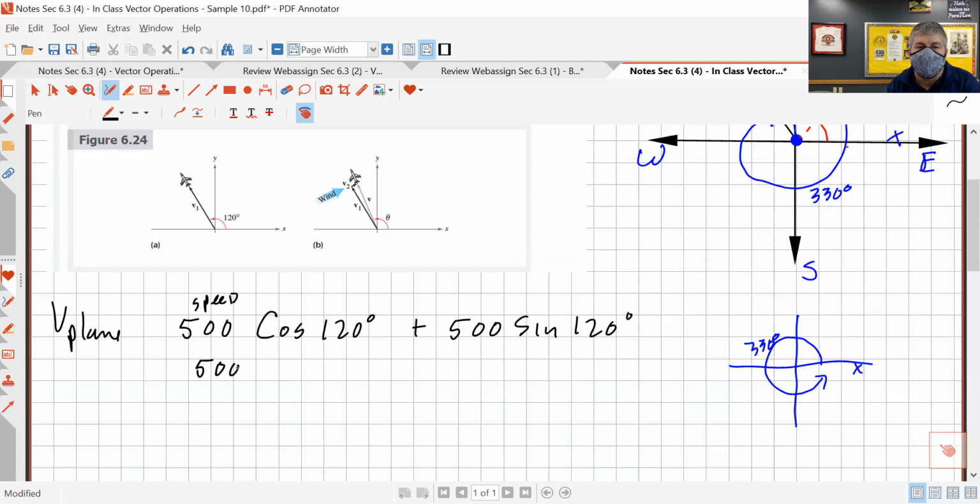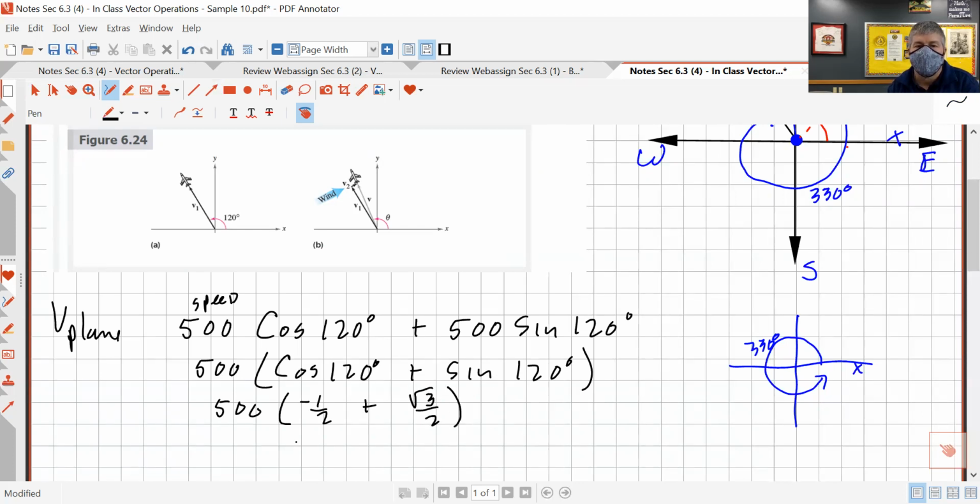Well, let's take out the 500. The 120 from the unit circle: the cosine of 120 is negative 1/2, and the sine of 120 is square root of 3 over 2. So the vector of our plane is negative 250 comma 250 square root of 3.